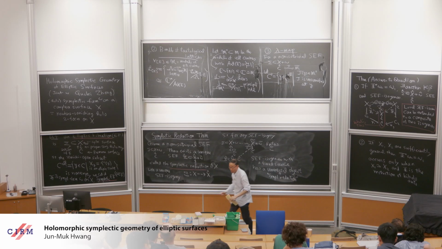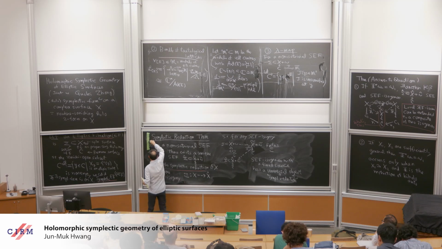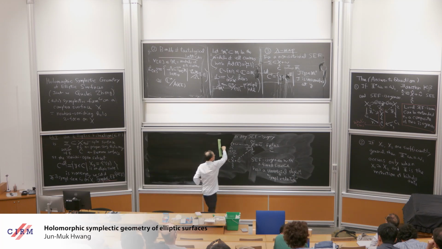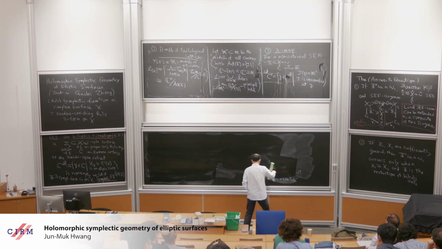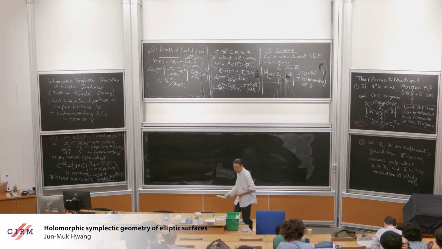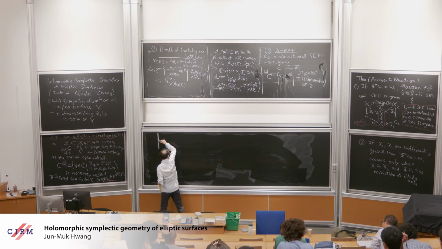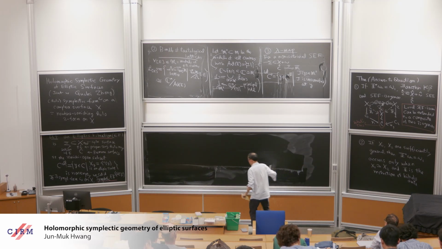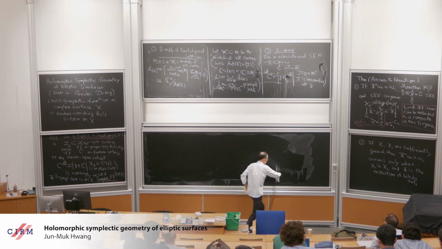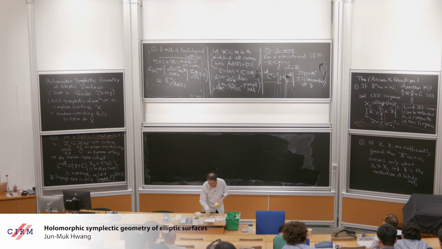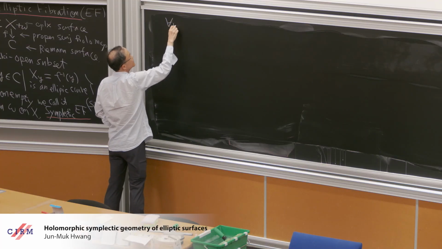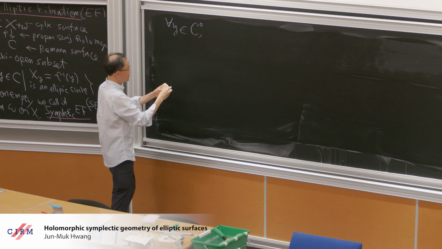Now you define the following holomorphic map. Then for each point in C0, we have this map.